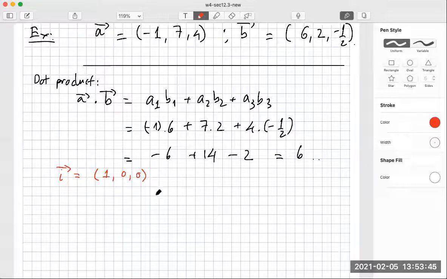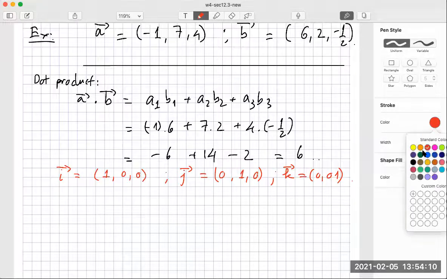It means that the length in the X direction will be 1, and in Y and Z will be 0. What is j? 0, 1, 0. And k? 0, 0, 1, right? These are unit vectors in 3D.